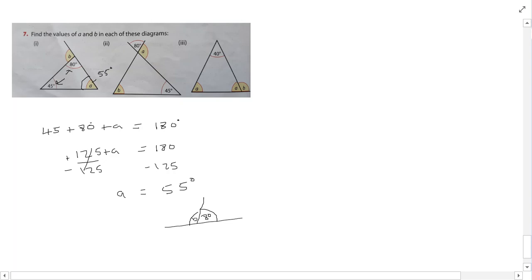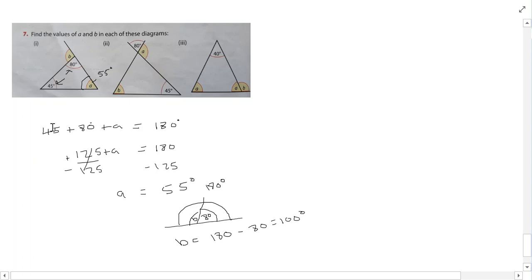So this is B. We know that if you go from here to here, that's going to be 180 degrees, and you have 80 degrees. So B is going to be equal to 180 minus 80, which is equal to 100 degrees.